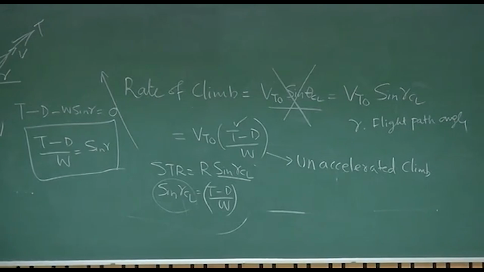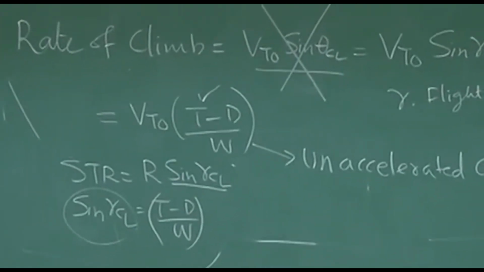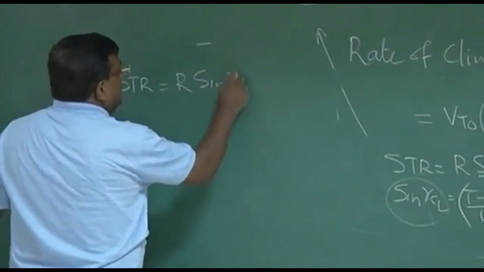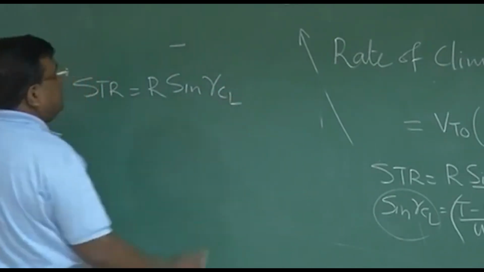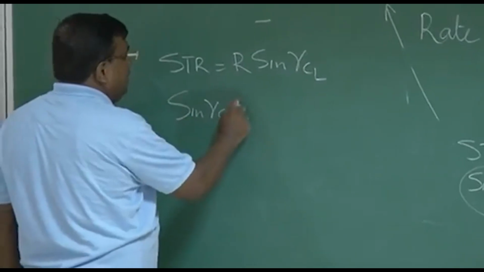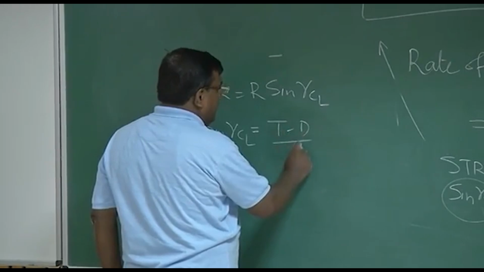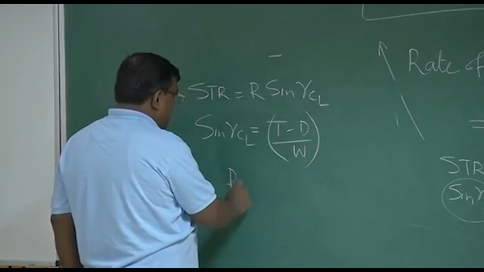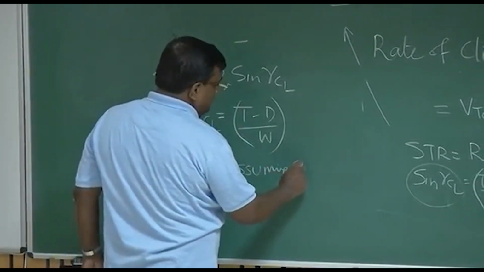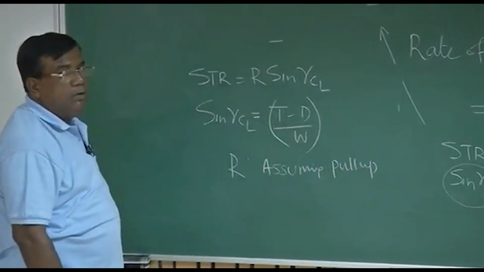If I repeat the last part, please understand that S TR is approximated as R sine gamma CL, and sine gamma CL I have calculated using T minus D by W. R we have calculated assuming pull-up. Already I have shown that. So once I know this number, I have no issues.